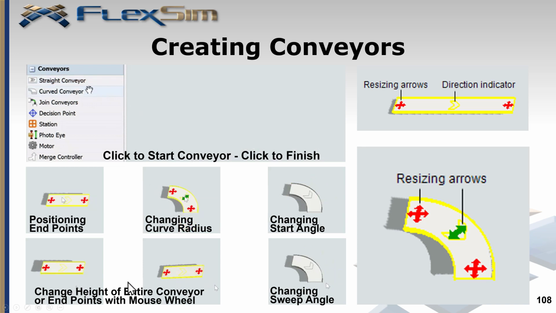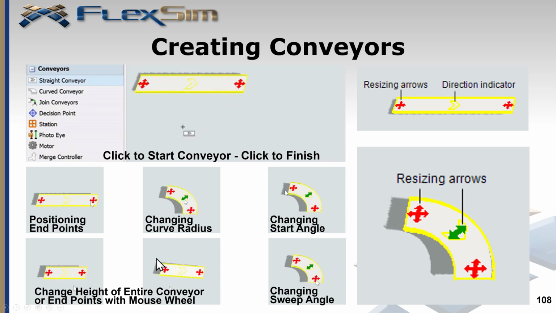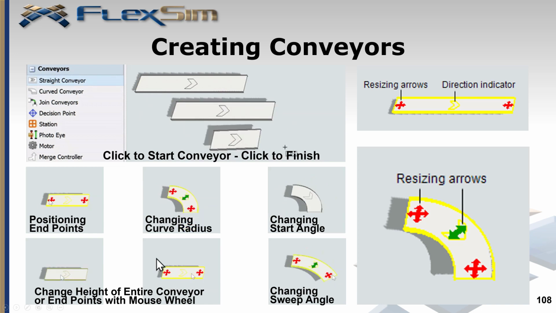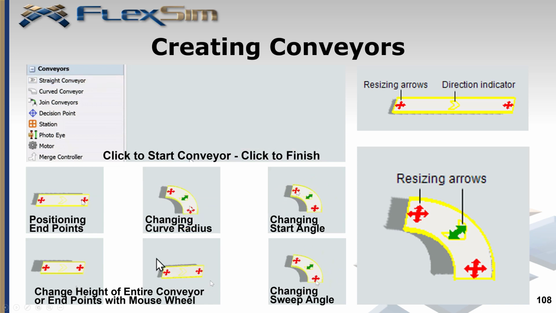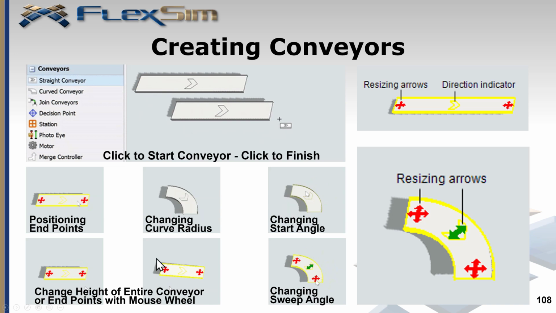Now all of these things we're changing with our mouse, which is probably the preferred method, can also be changed by typing values into the properties window in specific edit fields associated with those points of a conveyor.